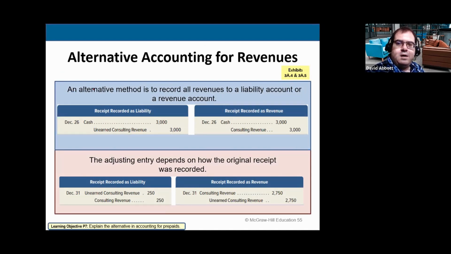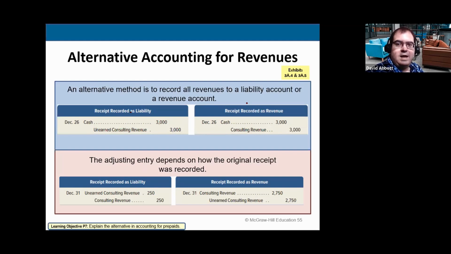And then also with revenues. An alternative method is to record all revenues to a liability account or a revenue account. If you record it as a liability, you debit cash $3,000 and credit unearned consulting revenue for $3,000. Or you could debit cash for $3,000 and record it directly to consulting revenue. And then the adjusting entry would be like this.